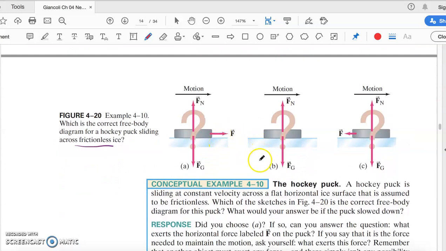This example I mentioned while I was going through with you in the class, during class time, that I want you to go through this example, and it's a very important example. This is a hockey puck, and it's sliding on a frictionless ice surface, and they say which one of these, A, B, C, is the correct free body diagram.